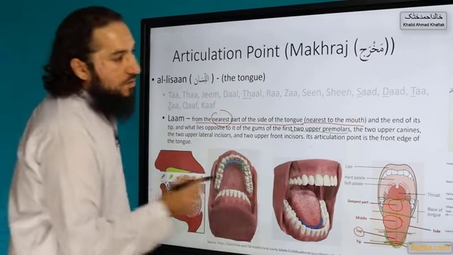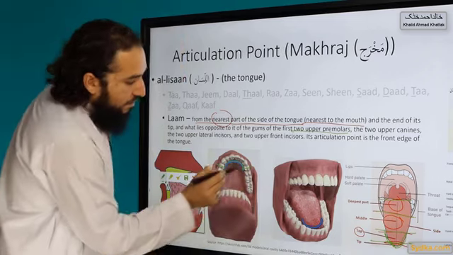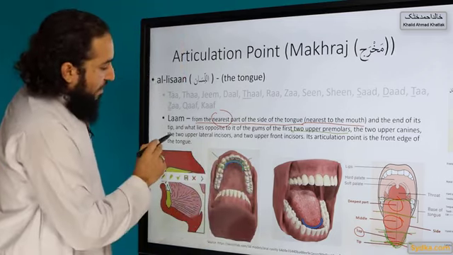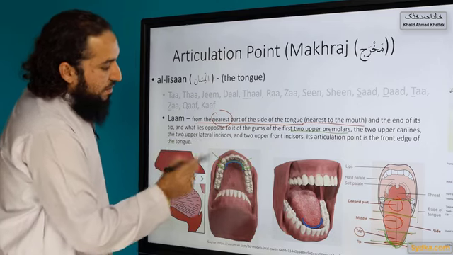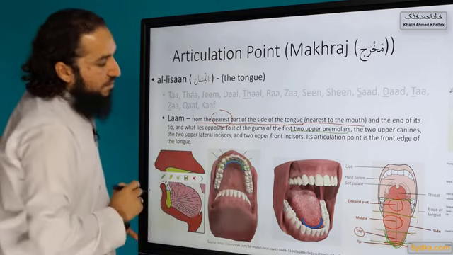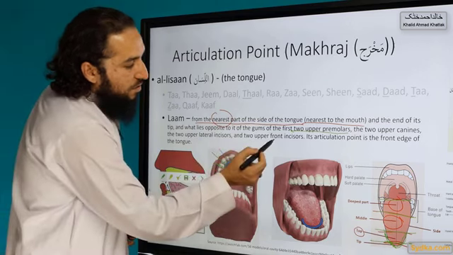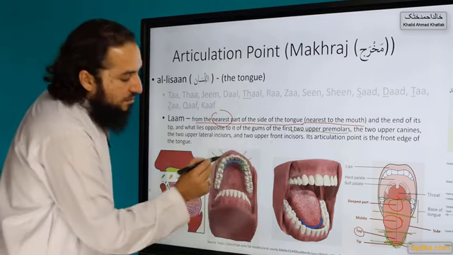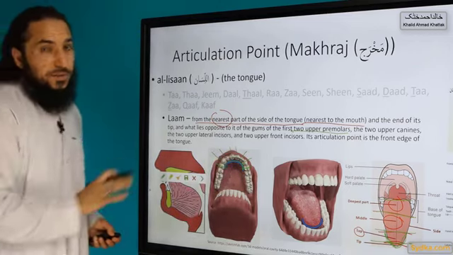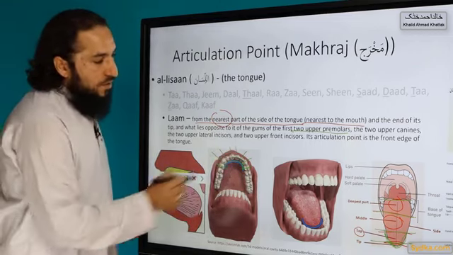And then upper canines, this is a canine, this is a canine, and two upper lateral incisors, this one and this one, and then the last ones are the front incisors, so this is 1 and this is 2. Okay, so these are the names of those teeth.